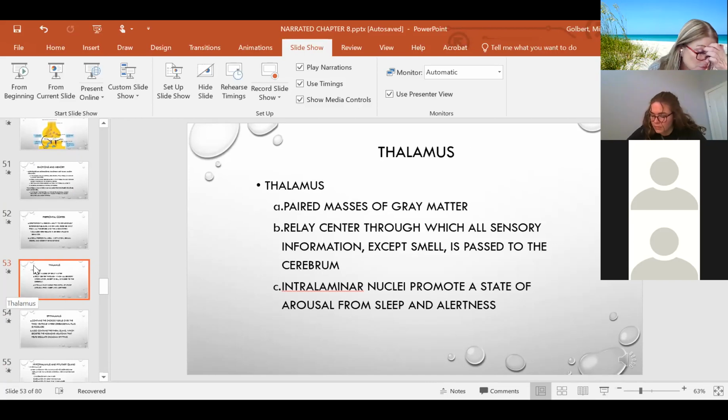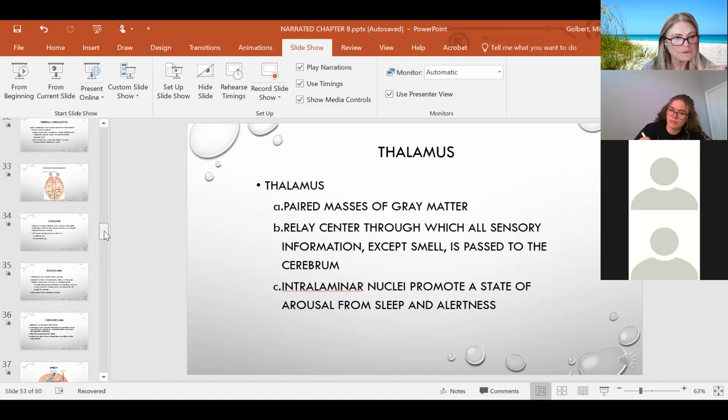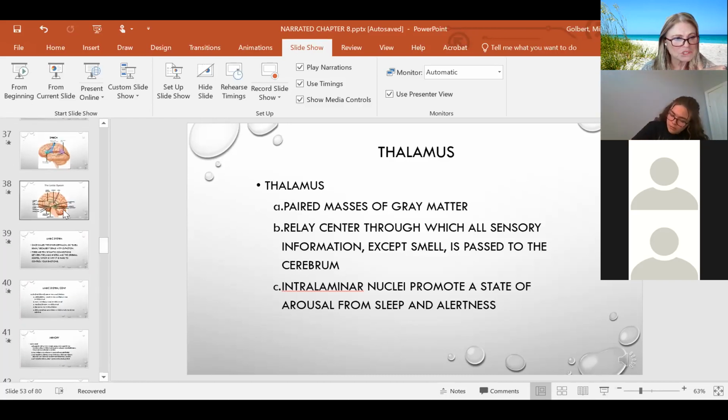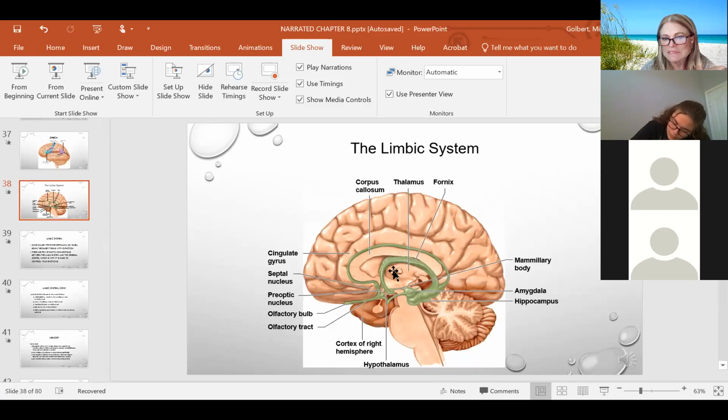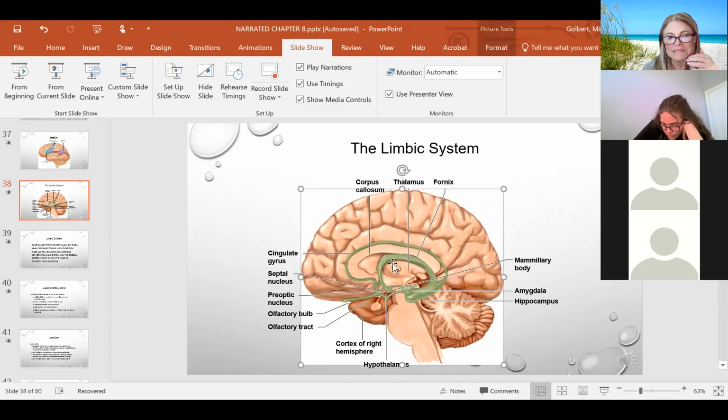So the other regions of the brain that are important, and we're going to talk about the hypothalamus in chapter 11. But one is the thalamus. If you remember the picture here, the thalamus is the center of the brain. So the thalamus is a major relay station for a lot of interpretation that happens.